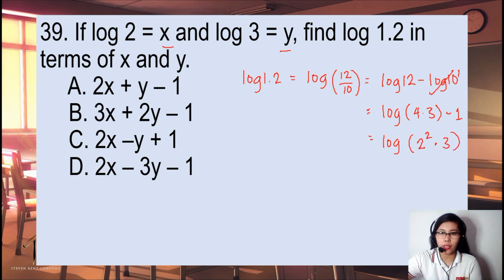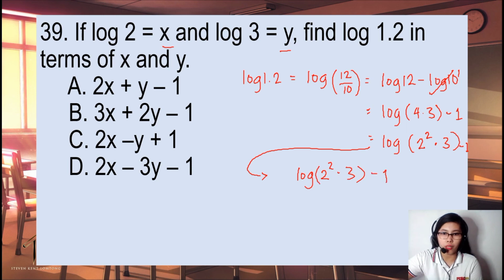Since they are multiplied with each other, let us rewrite it here: log of 2 squared times 3, then minus 1. We can separate this as log of 2 squared plus log of 3 minus 1.